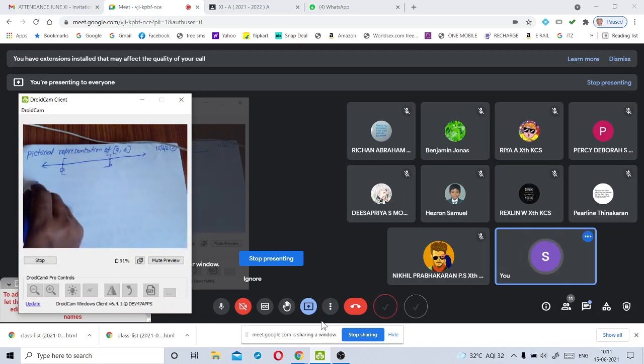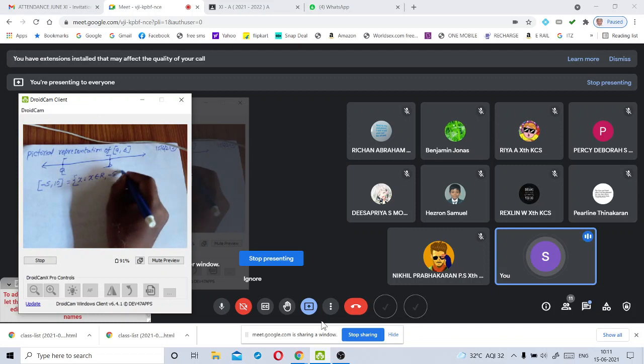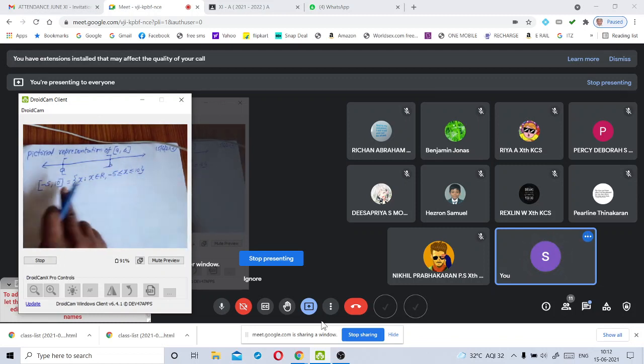Suppose, for example, the closed interval minus 5 comma 10 means the set of all real numbers. We represent this interval in set builder form as the set of all x such that x belongs to R and minus 5 is less than or equal to x less than or equal to 10.